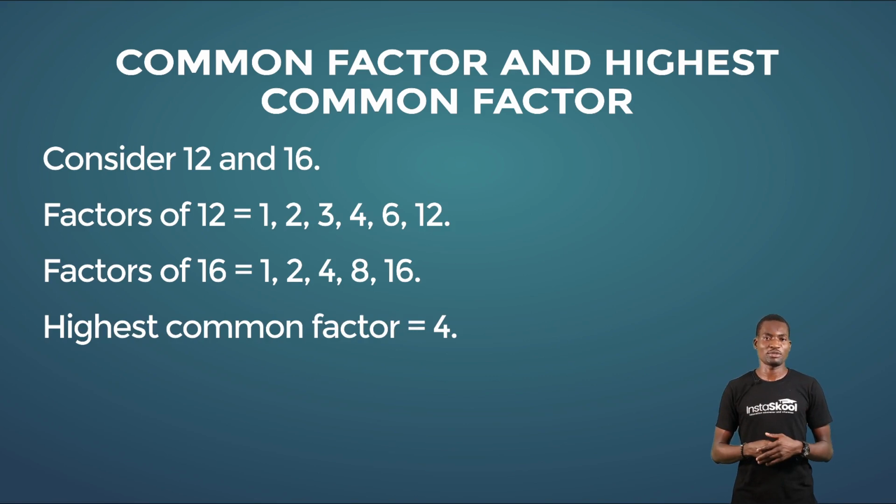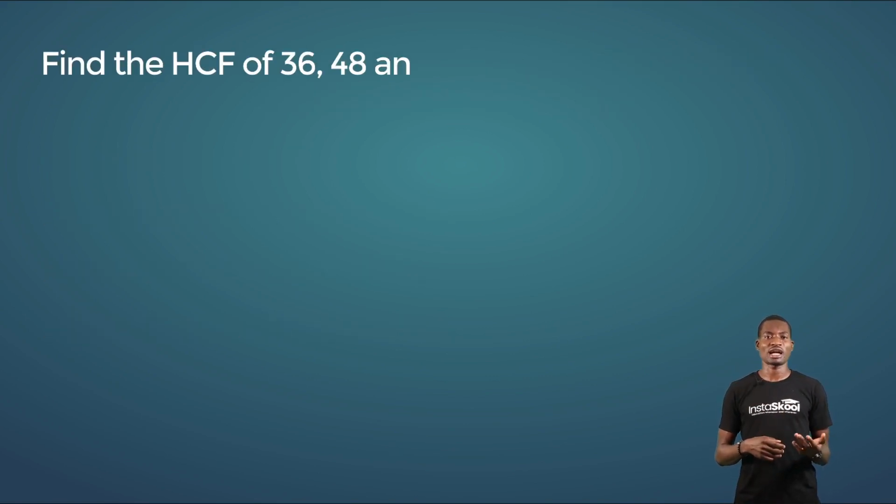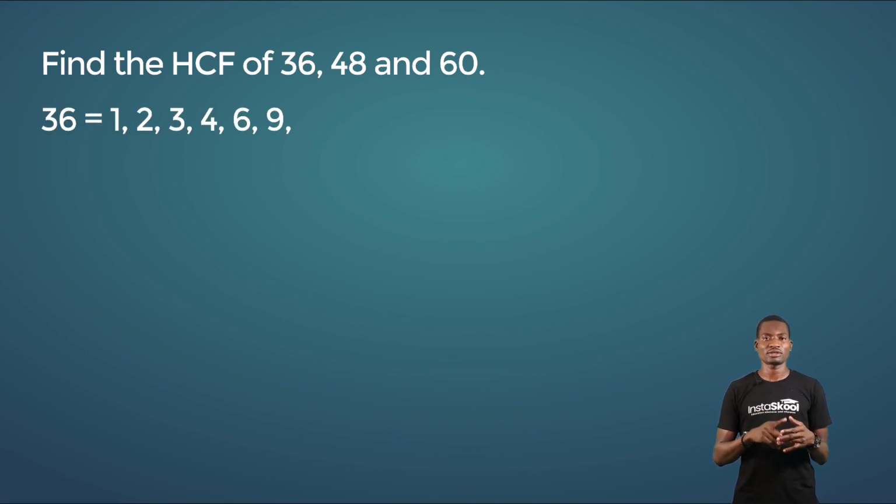Let us use another example. We are asked to find the HCF of 36, 48, and 60. First off, we list out all the factors of each of the numbers. The factors of 36 are 1, 2, 3, 4, 6, 9, 12, 18, and 36.